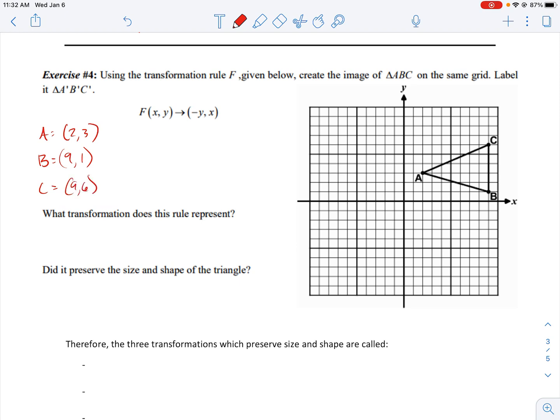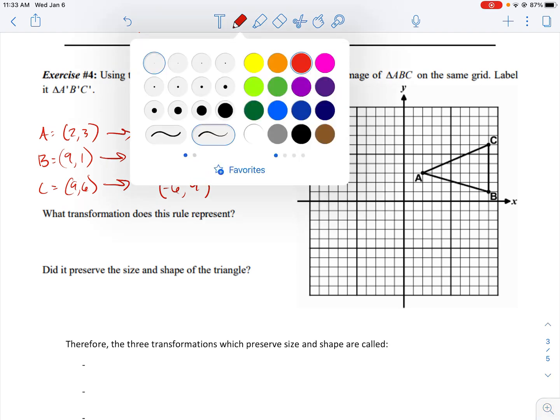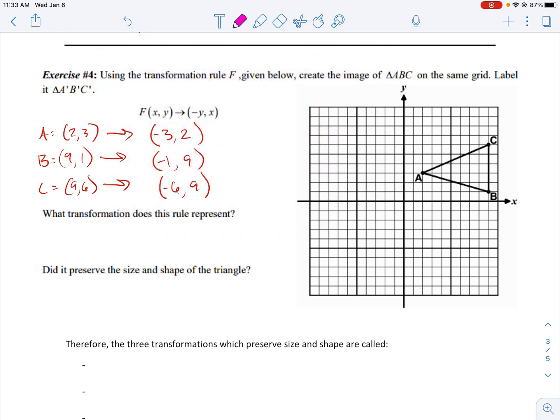Okay, and so what the rule is, we're taking those points and we're switching them. So it's going to be 3, 2, 1, 9, 6, 9. And then we're also negating that y value. So here's our new triangle. Let's mark this in here. So A is -3, 2. B is -1, 9.